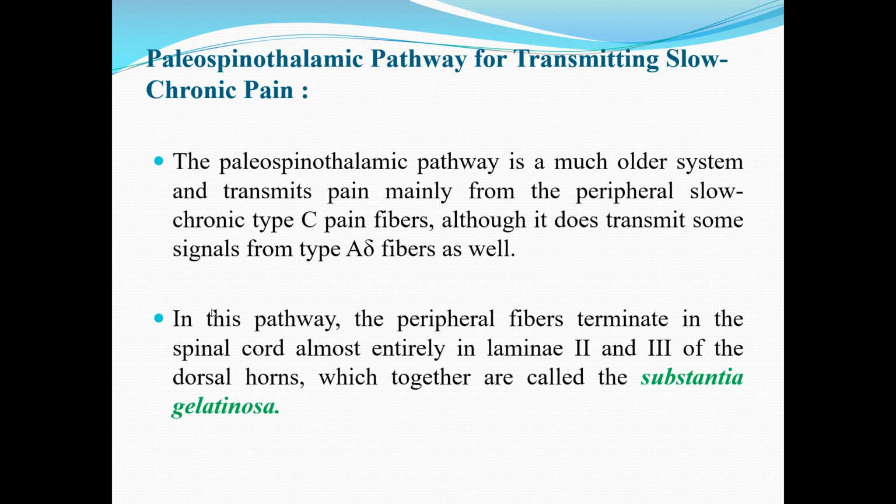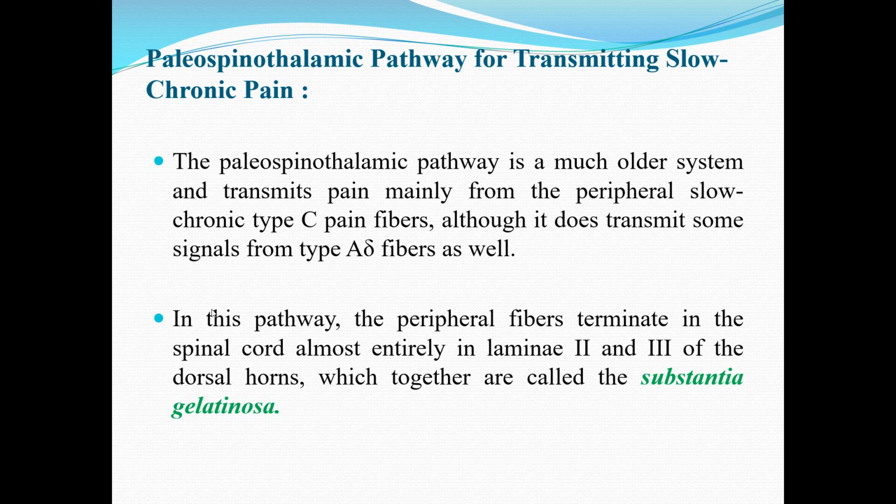This is a much older system and it transmits pain mainly from the peripheral slow chronic C type of pain fibers. It does not transmit the signals from A delta fibers; it transmits signals only from C type of pain fibers.